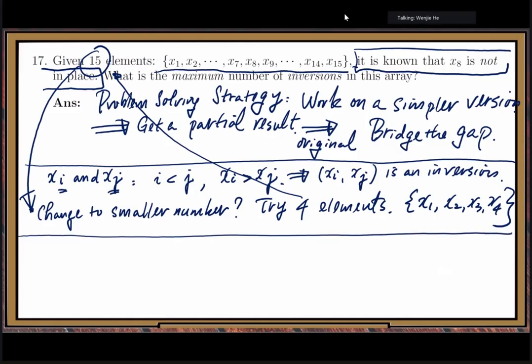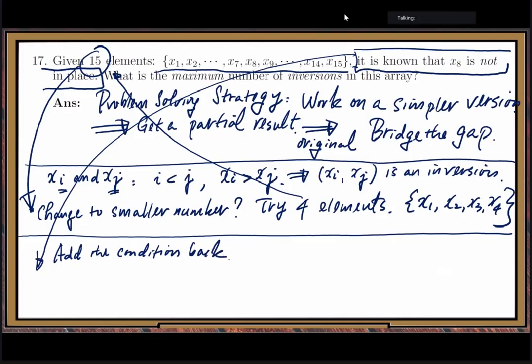Then, after that, you add the condition back. But when you add the condition back, focus on the difference part.